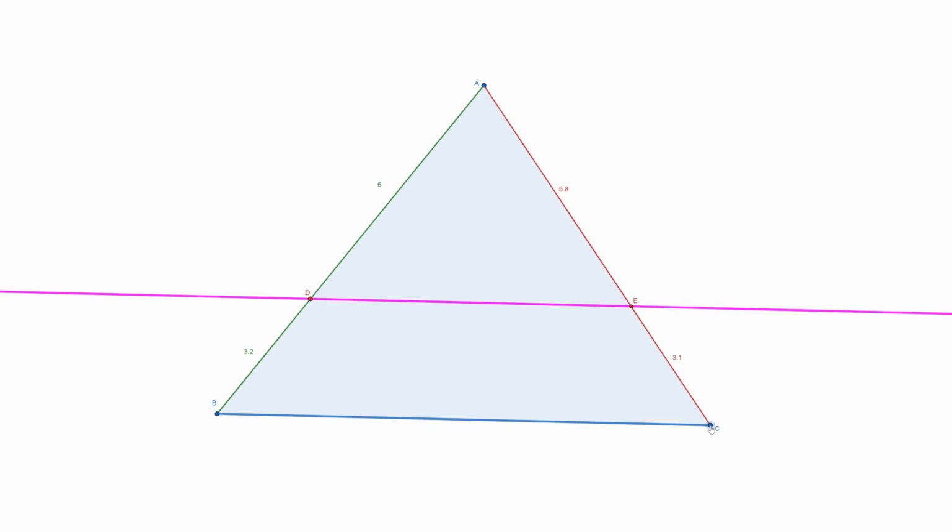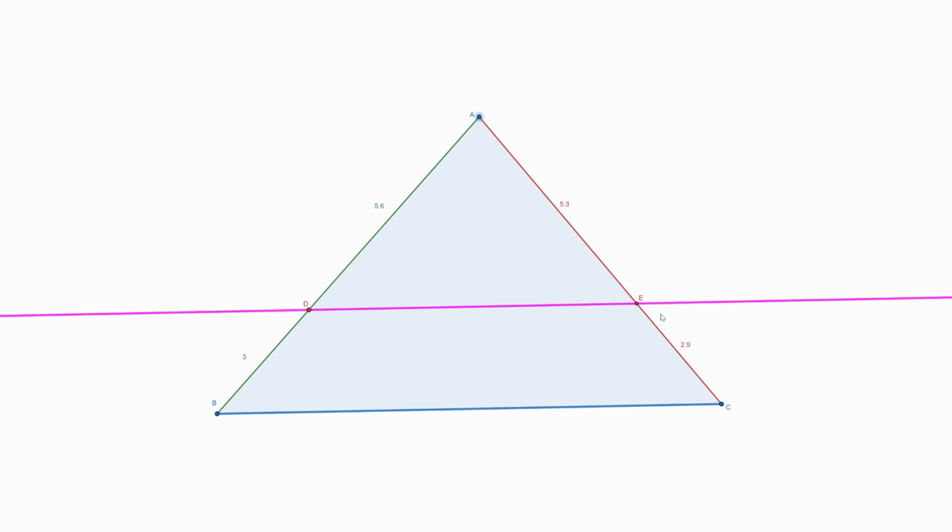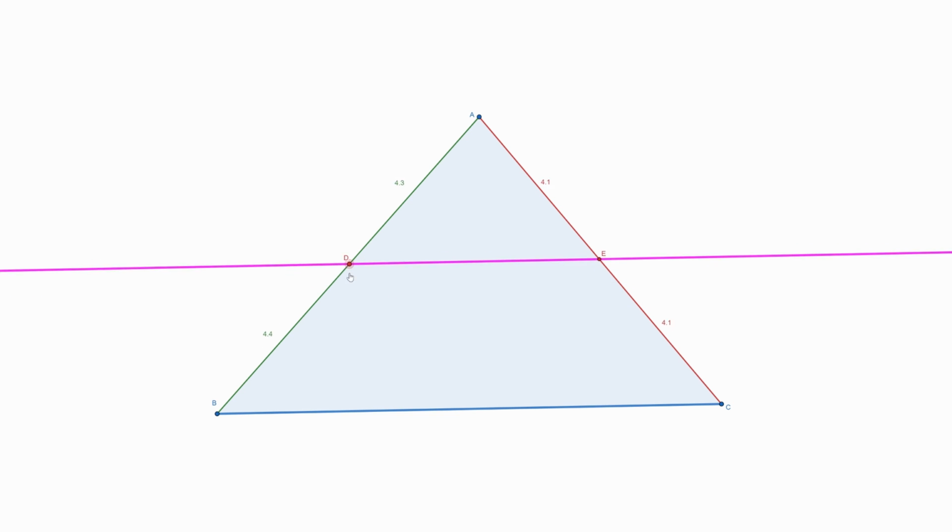Now what this line does is it has divided the green side into two parts and it has divided the red side into two parts. For example, on the green side, because of this point D, segment AB is divided into segment AD and segment BD.